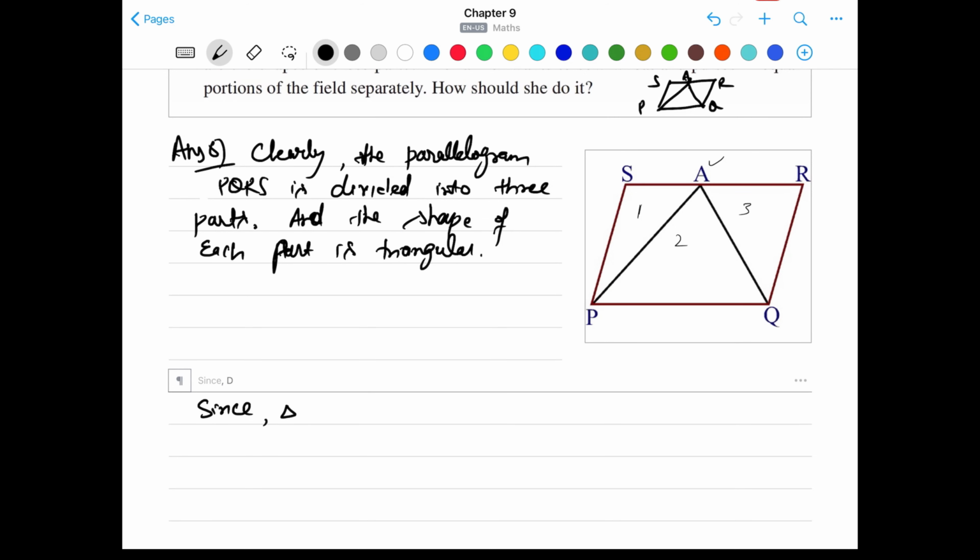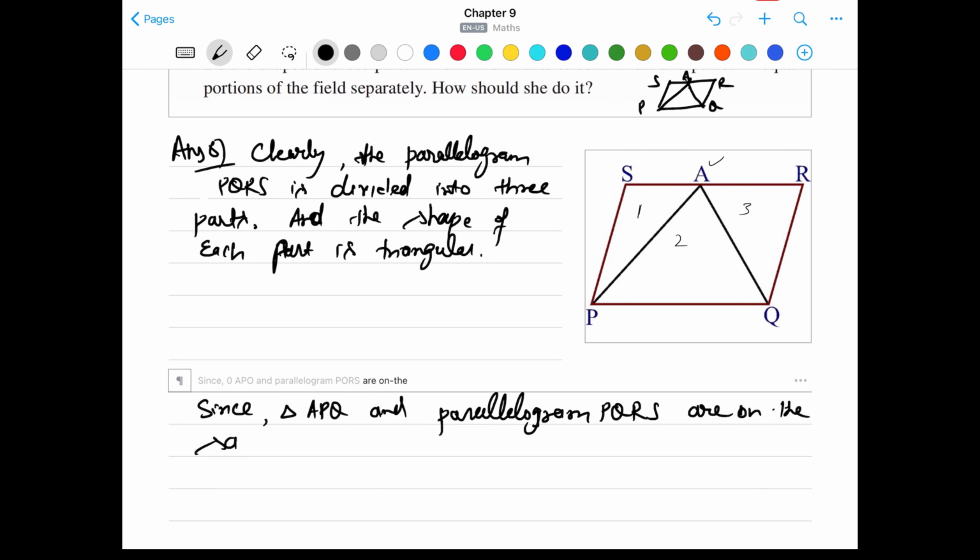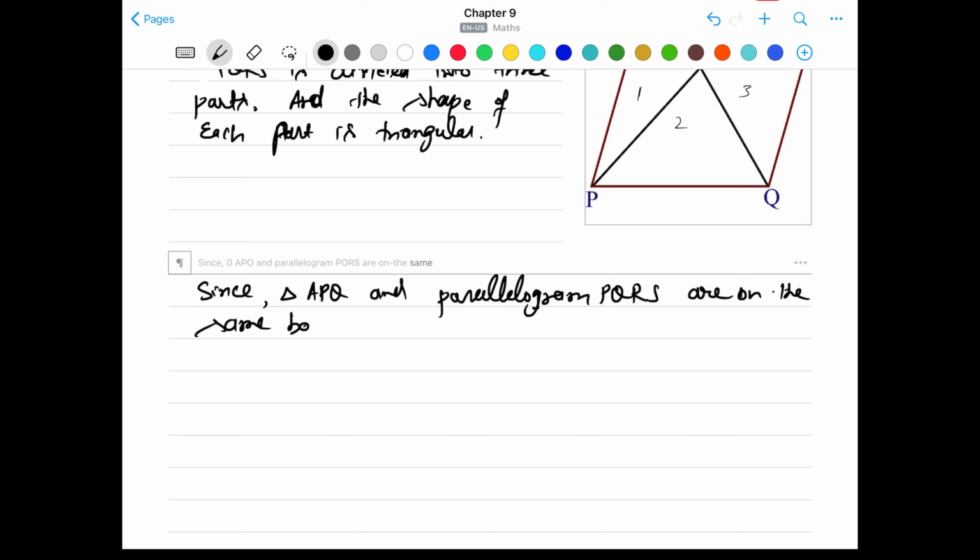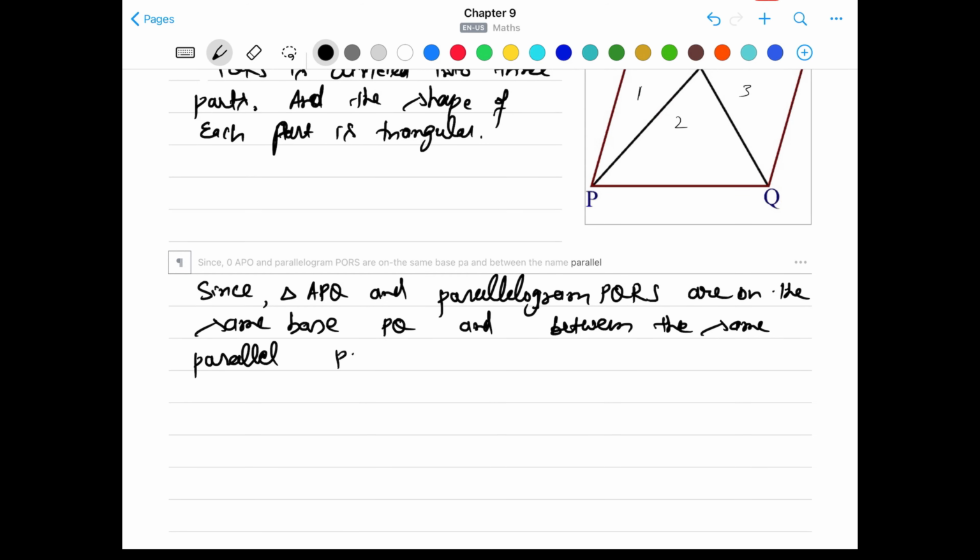since the triangle APQ and parallelogram PQRS are on the same base, here it is PQ, and between the same parallel lines, here they are PQ and RS.